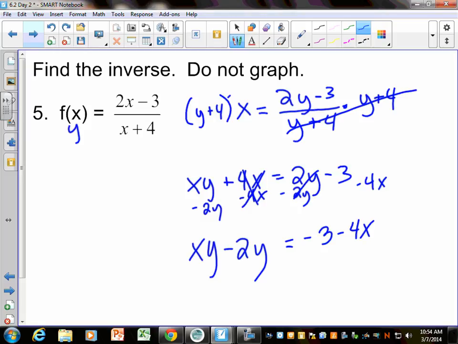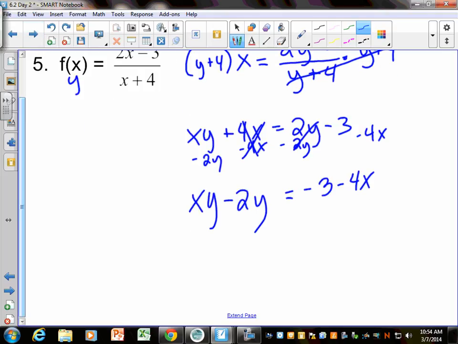I need to separate this y from this. You know what I could do to get that y away from those other numbers? Yeah, I could just factor it out. So if I factored this y out, I would have y times x minus 2 equals negative 3 minus 4x.